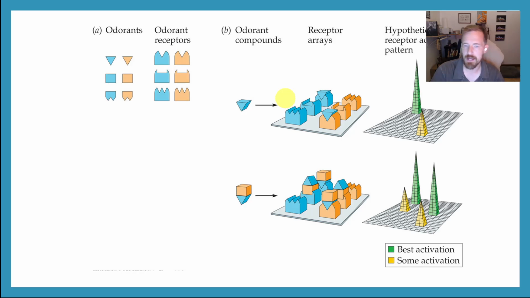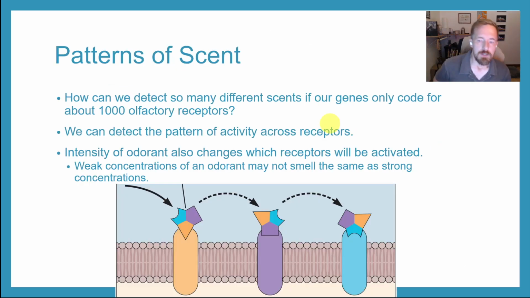And based on which of these cells are active, we are going to perceive it as chocolate or a brownie, or as body odor, or as a flower, or as beef, or whatever. So this is also why we seem to be able to detect so many different kinds of scents. We only have so many different kinds of olfactory receptor types.